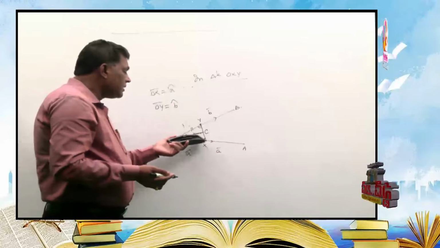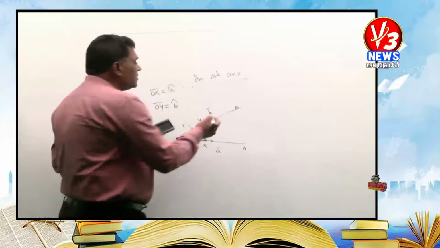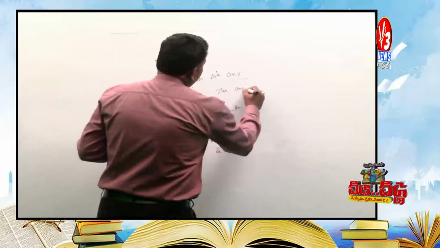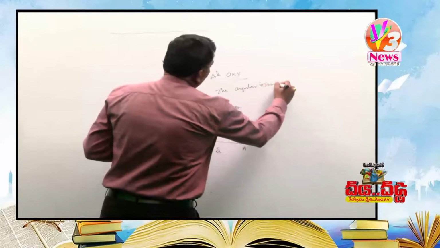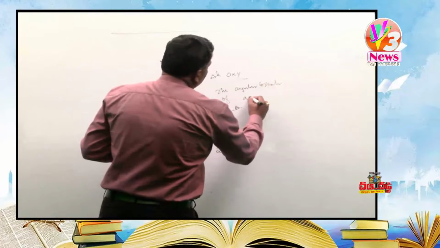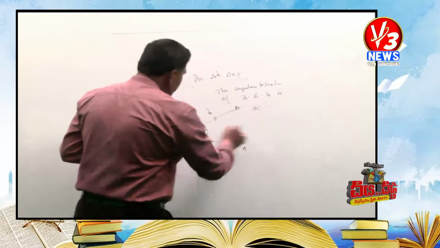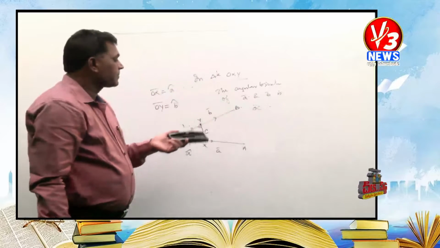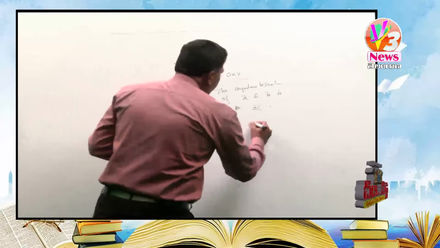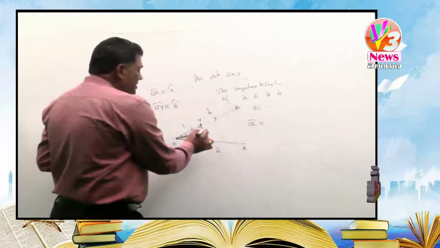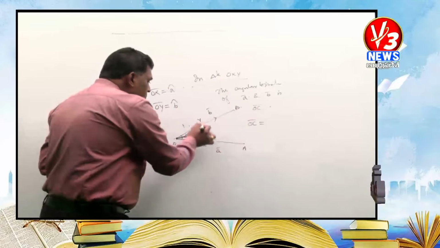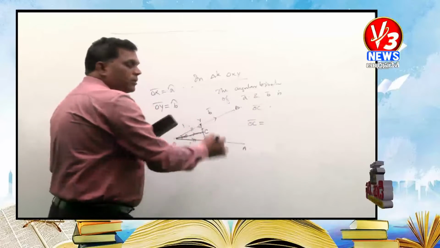Now the angular bisector of A bar and B bar is in the direction of OC bar. Therefore OC bar, but is it the position vector of the midpoint of X and Y or not?